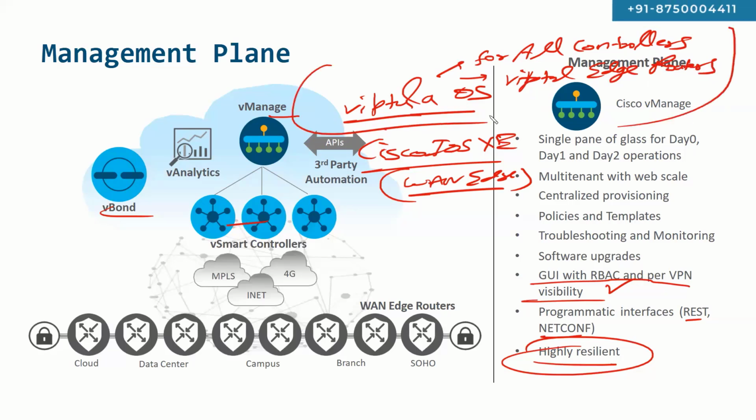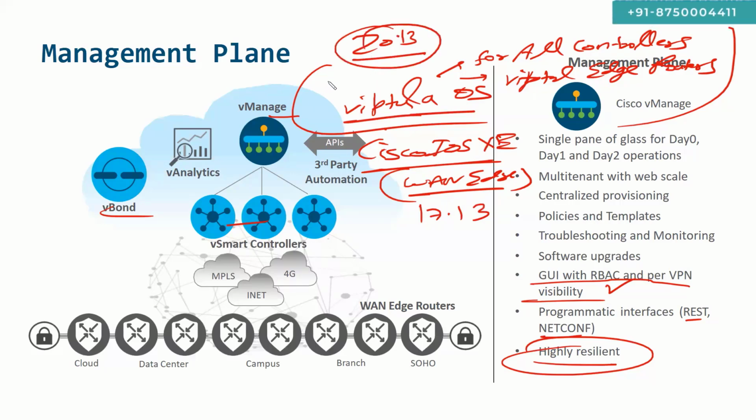That's where you will be using the Viptela OS, or Viptela operating system. Now, the latest version in Viptela is 20.13, whereas in Cisco IOS XE it is 17.13. So an OS version starting with 20 indicates that it is a Viptela operating system.